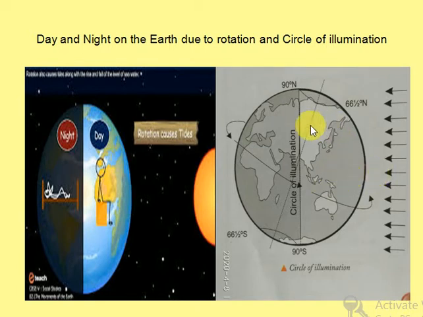Due to this spherical shape of the earth, only half of it gets light from the sun at a time. The portion facing the sun experiences day, while the other half away from the sun experiences night.